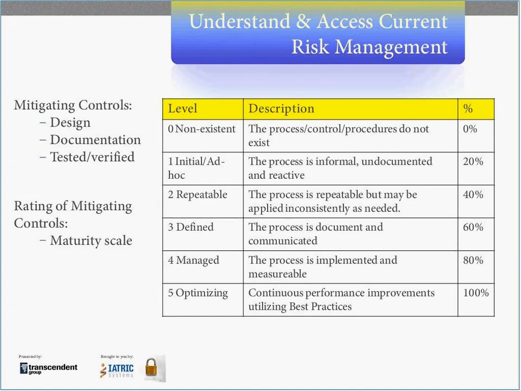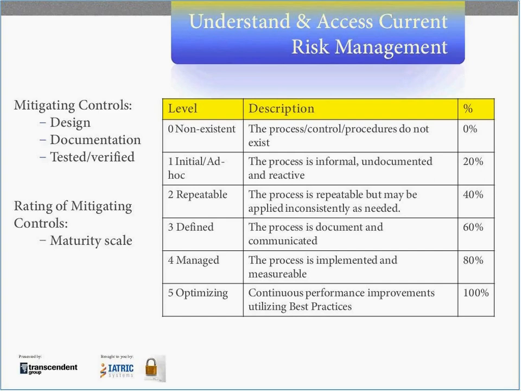Is it automated? That's one aspect of the design of the control. The other one is the documentation. Do we have a policy? Do we have procedures? Is it updated on a regular basis? And finally, a critical aspect is: has the control been tested, verified that it's working, and has it been tested on a regular basis?